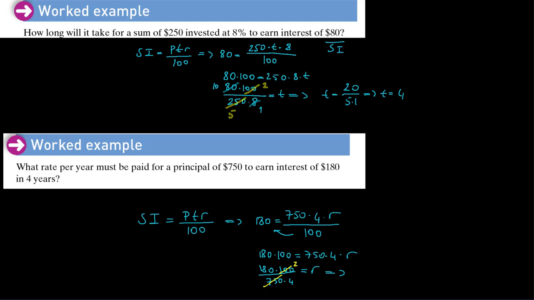Sorry. 15 times 5, it is 75, so 50. Yes, this is going to be 15.